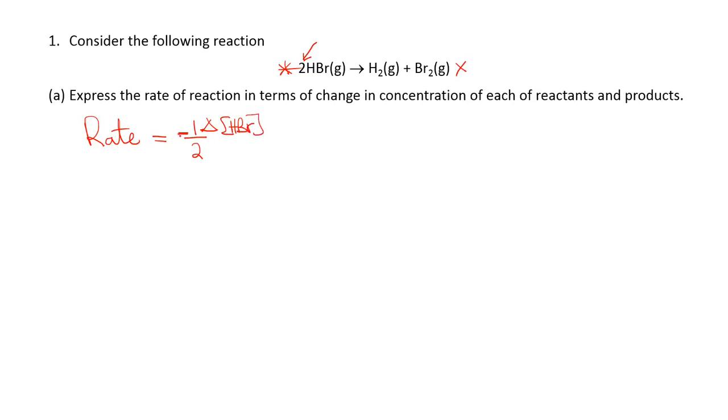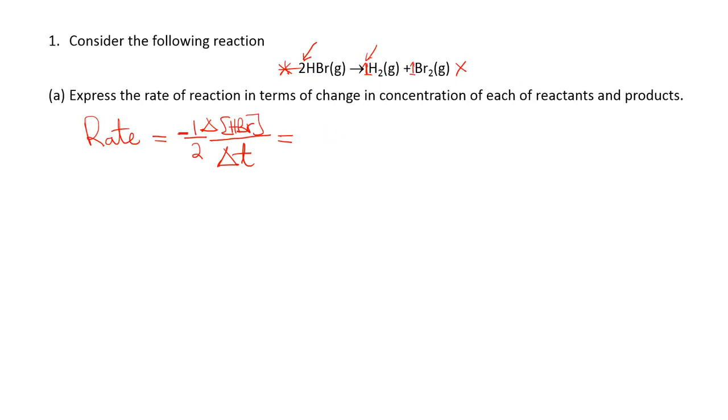The negative in front here is just showing that it is the rate of a reactant, that the reactants are being consumed. So rate is given as change in concentration, and because it is rate, divide by change in time. You can see the 2 down here indicating that we have 2 in front of HBr. Now we have 1 in front here, so we don't show it, and we also have 1 in front here.